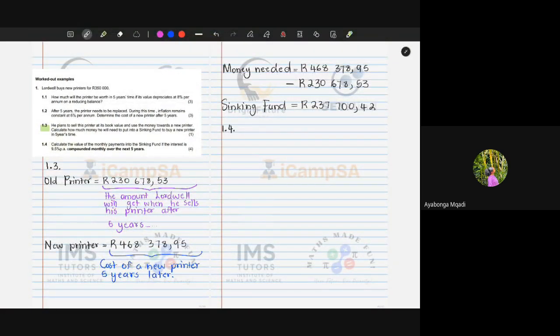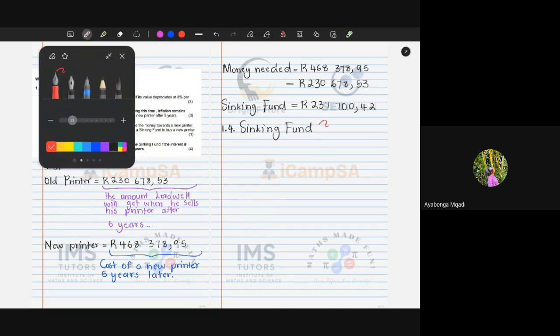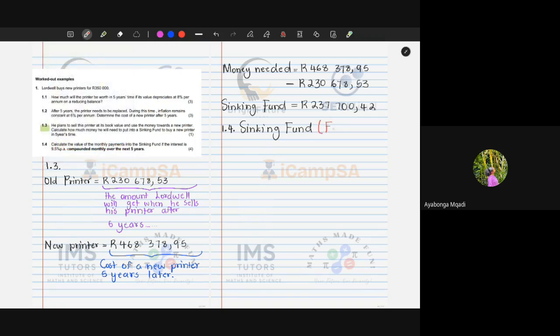So 1.4, they want us to calculate the monthly payments to the sinking fund. One thing I need you to remember: if you remember the future value lesson, we put the sinking fund under there. Sinking fund is a future value annuity.